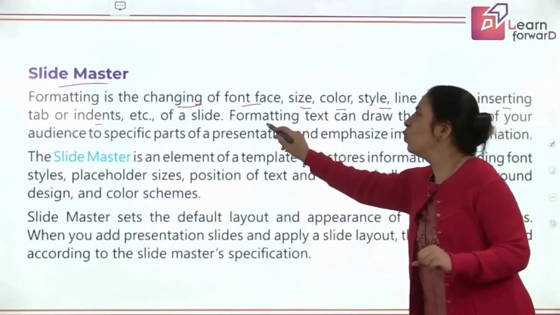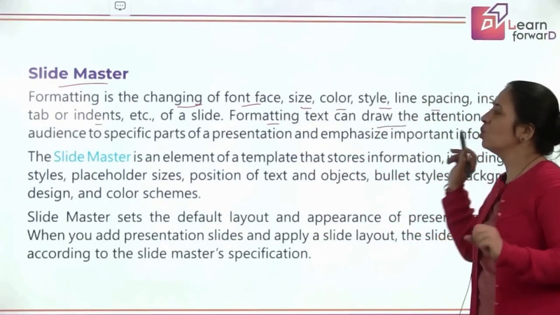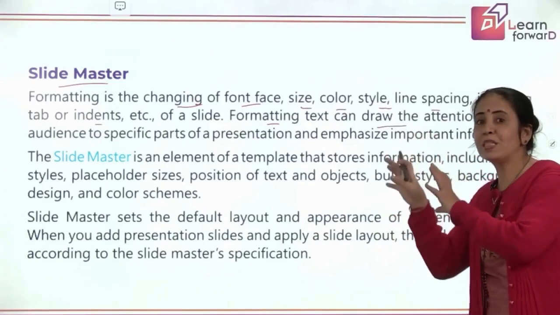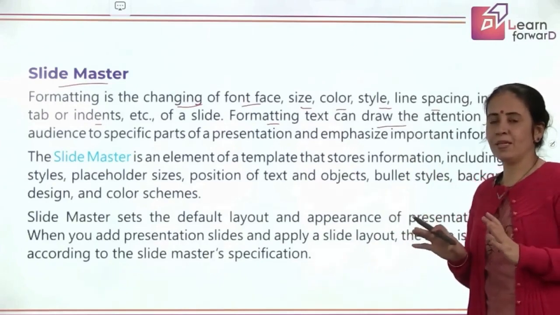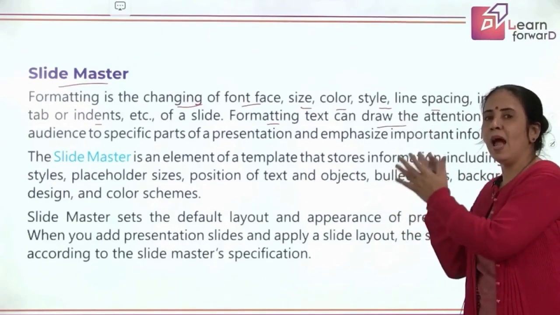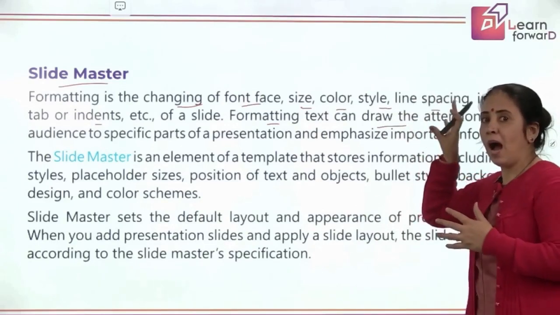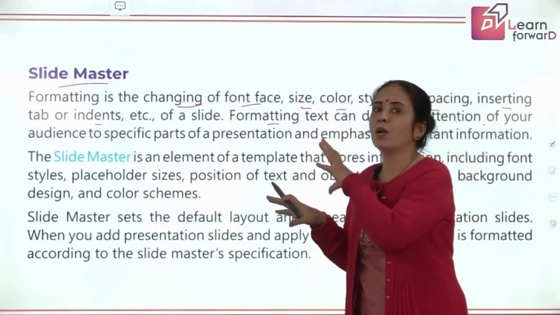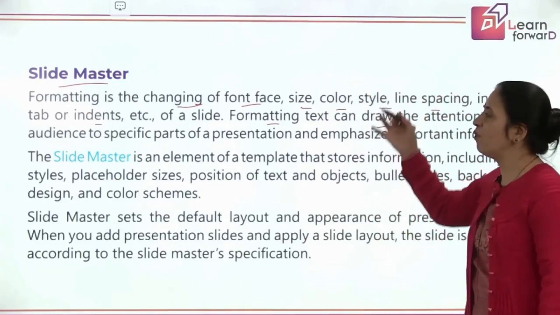Now, when you want to format the text, you can draw the attention of the audience to a specific part of that slide. Suppose you are making a presentation, there is a slide and you want the audience to just keep their eye on that particular part of the slide. So for that you are going to use different fonts.